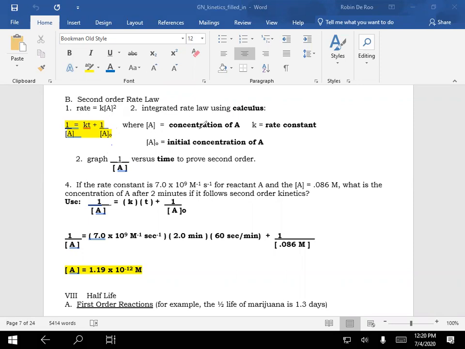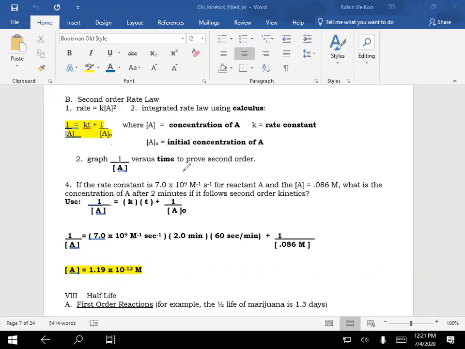Again, the A is the concentration of A at time t. Our lowercase k is our rate constant, and this is our initial concentration of A. So this is our y equals mx plus b. So we would graph 1 over A versus time to get second order.